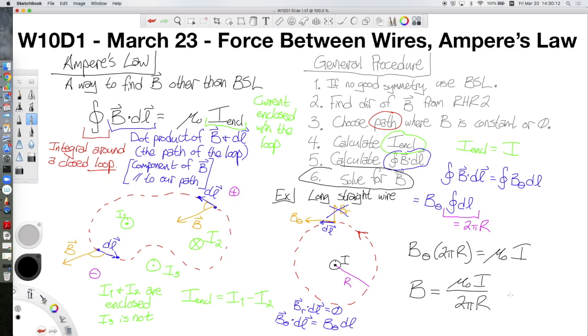And would you look at that? That's the same formula we got before. This is the magnetic field for a long, straight wire. And probably an easier way of determining the magnetic field for a long, straight wire than the Biot-Savart law.